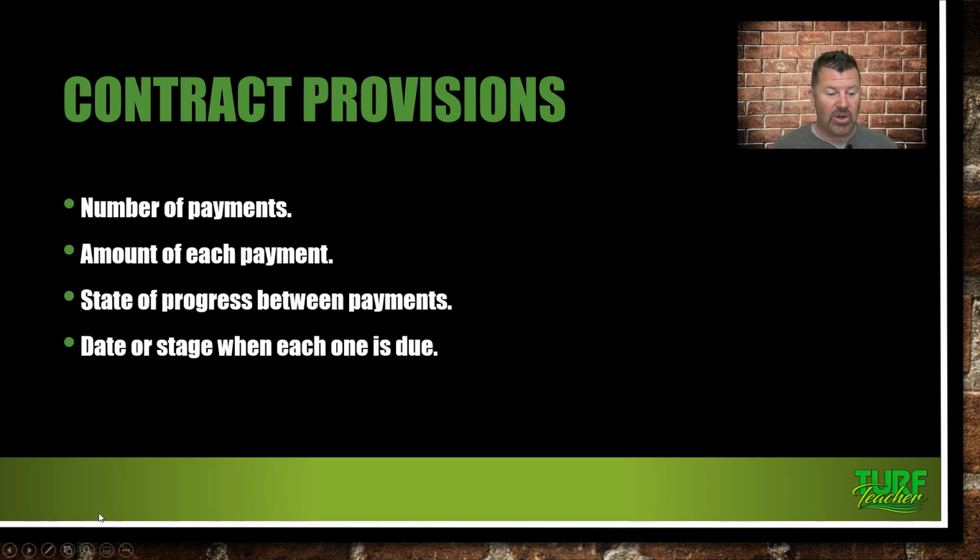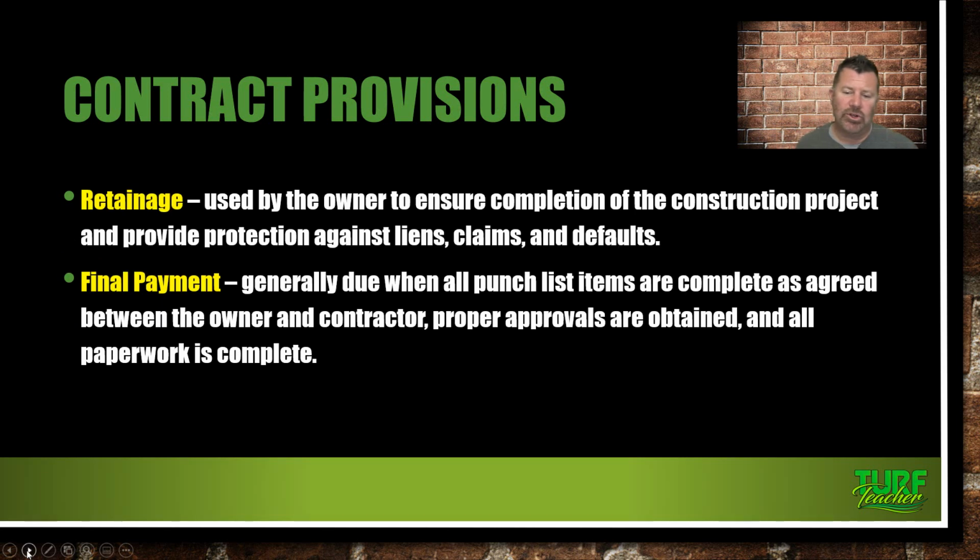This is probably one of the most important parts of the contract, guys, because you can't be expected to be paid when you ask for it. You're going to have to go through the necessary paperwork to get your hard-earned dollar. And so if you're not ready to finance a project right yet, you may not want to go into commercial landscape contracting right yet.